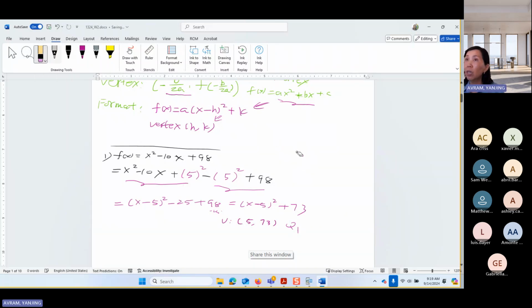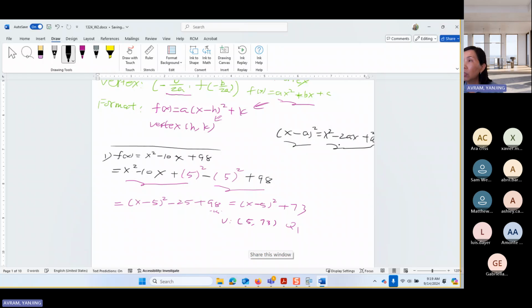Completing the square. So basically, if you have (x minus a) squared, this is equal to x squared minus 2ax plus a squared. And then we do the opposite way. We want to have 3 terms become the 2-term perfect square. So if you do the FOIL, it will become this term.